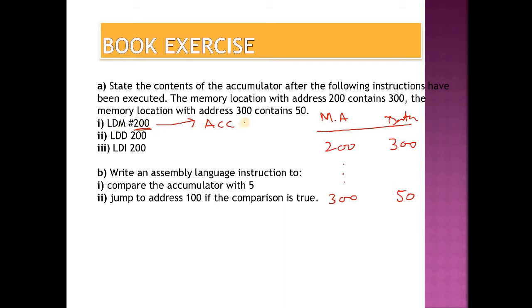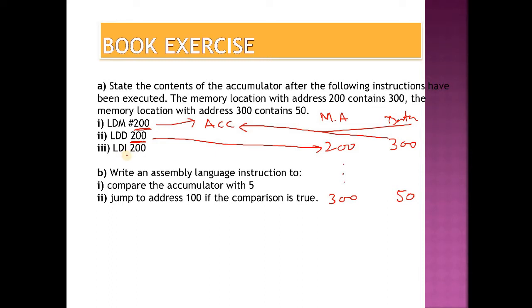Then second is LDD, load direct. Direct mode has been used, so it will look for the address. 200 is the address, it will see the address, and from this address the value will be picked and stored in the accumulator, right? Now third is LDI. LDI stands for load indirect, meaning indirect mode has been used.